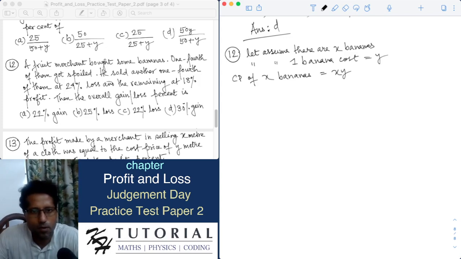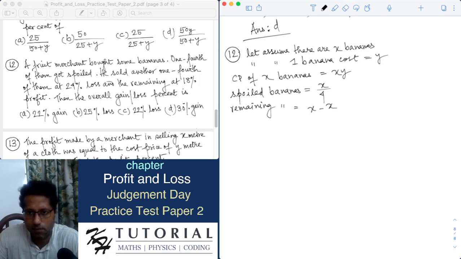Now 1/4 of them got spoiled. Spoiled bananas: 1/4 of X, so X by 4. So the remaining bananas should be X minus X by 4, which is 3x by 4, where x is the total number of bananas.